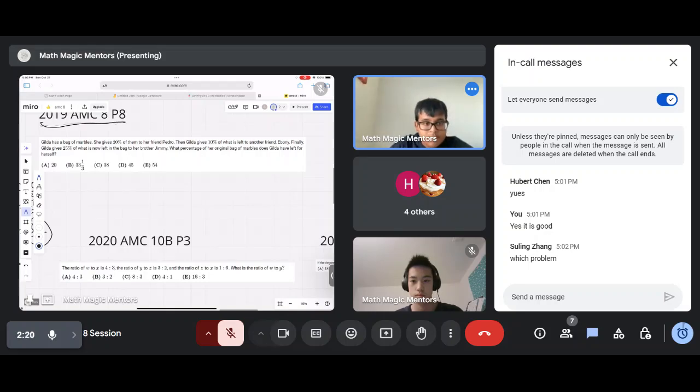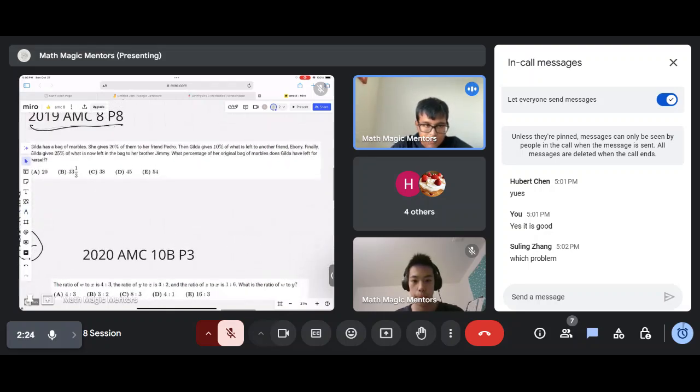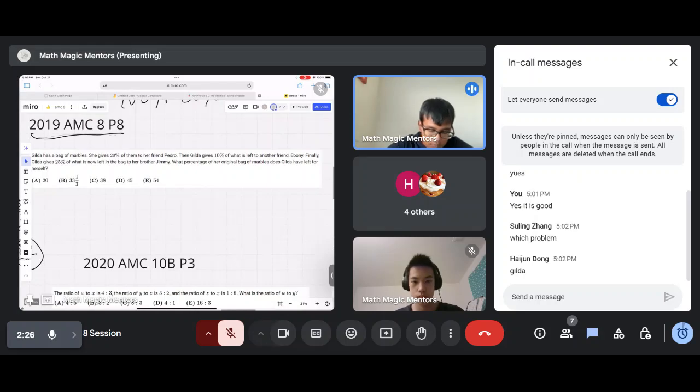My bad, I'll just clarify. Yeah, it's this problem, the 2019 AMC problem, Gilda. So any ideas on how we could start?